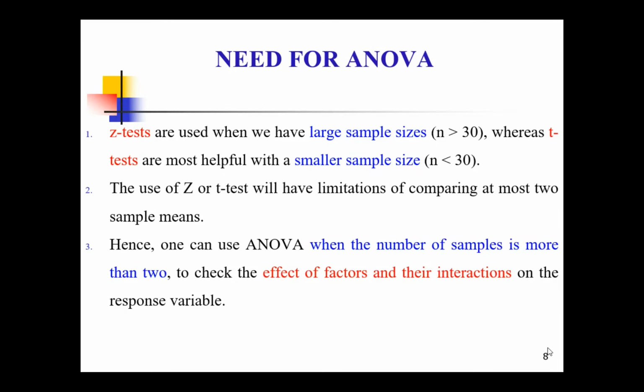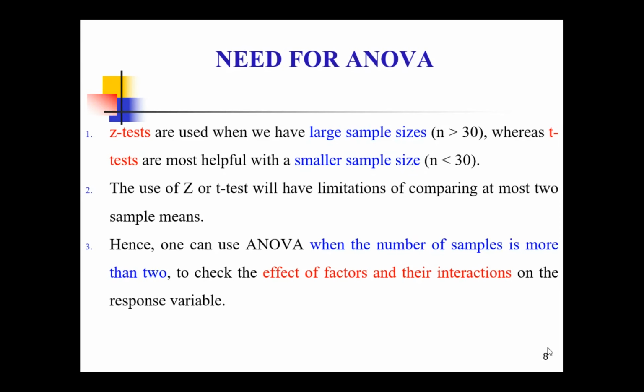The factor effects are factor A, factor B and factor C. Their interaction effects are AB, AC and BC. So these AB, AC, BC are the interaction effects. This ANOVA is formulated for the input parameters over the response variable.